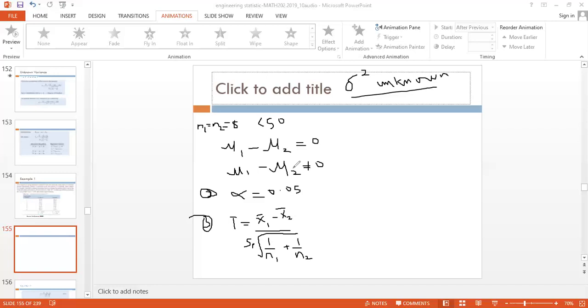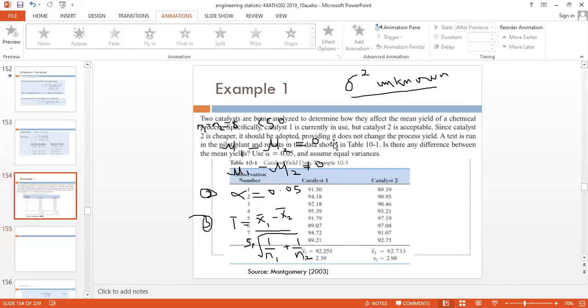We're given the means. Let's write that in the corner. So x1 bar is 92.255.